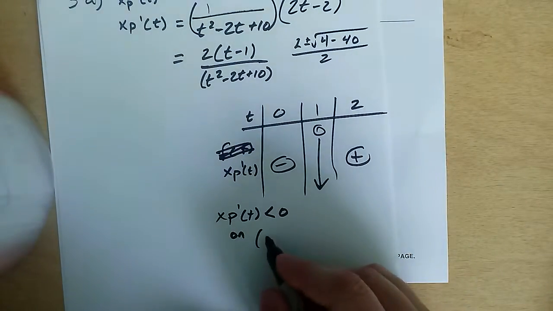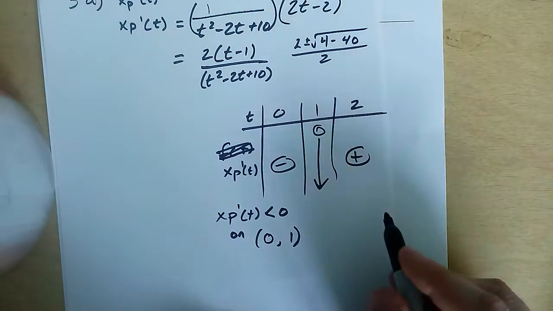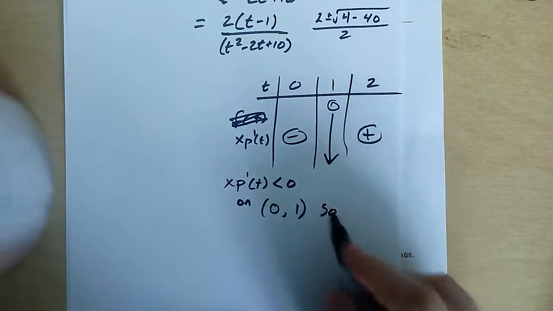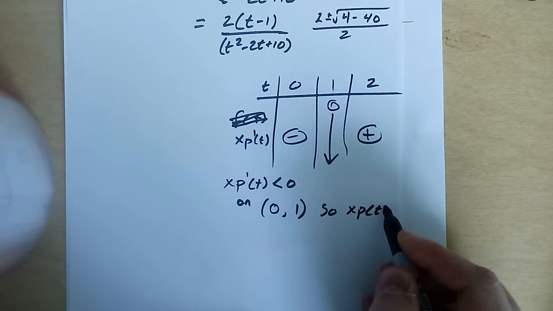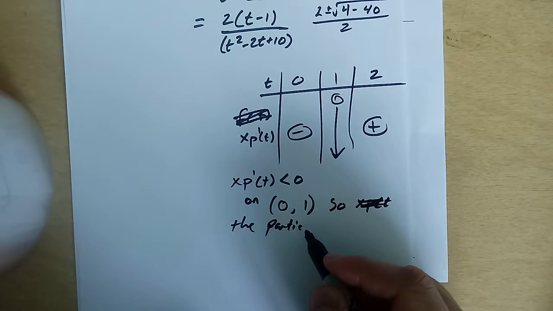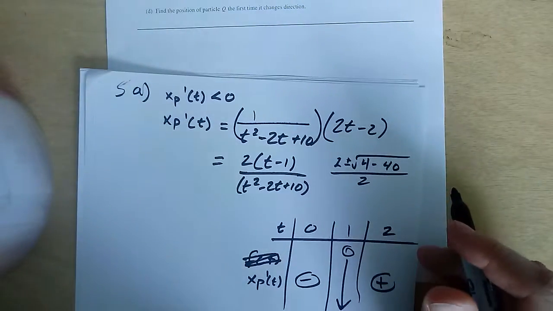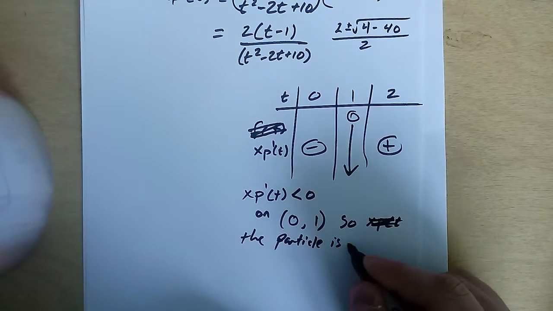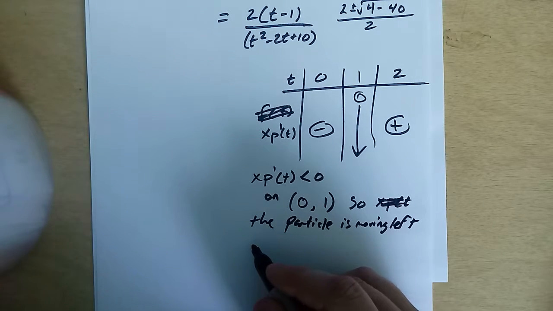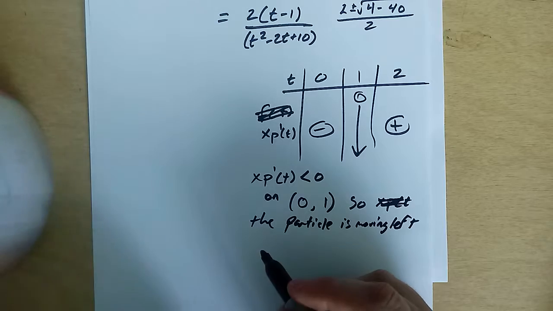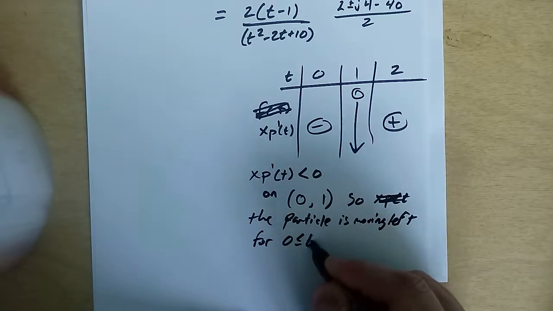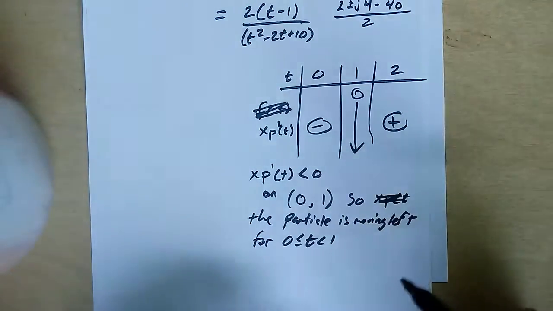So I look at 0 to 1, and since the derivative is less than 0 on 0 to 1, the particle is moving left. All right, so we got our first one. You can write it that way, or you can use interval notation.